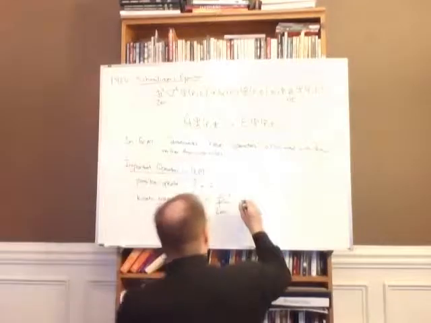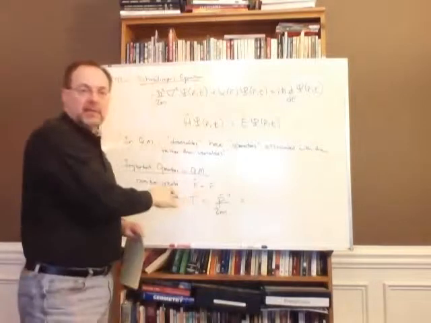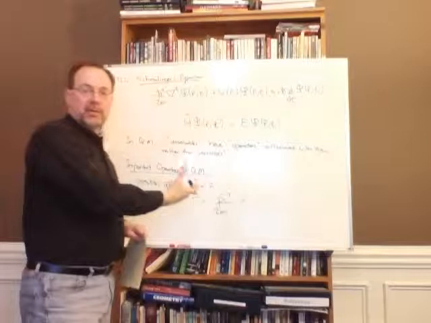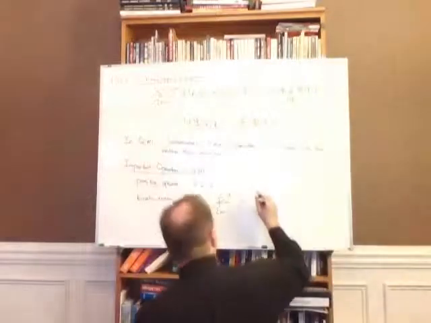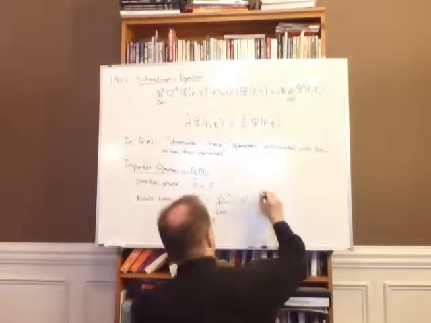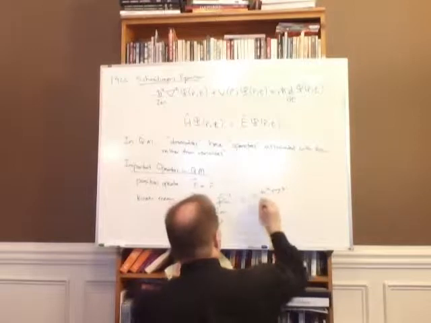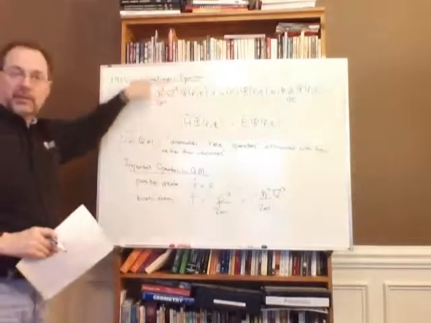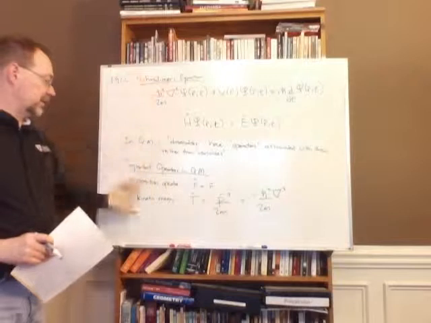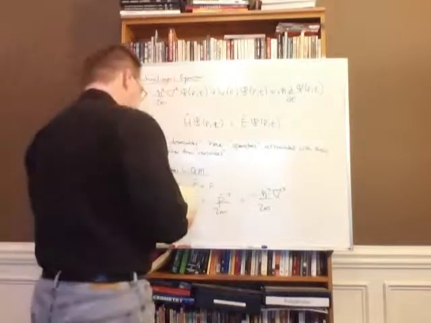So in greater detail, we know p is negative i h bar del, so we dot that with itself, and the negatives cancel, but then we have an i squared, so we still have a negative. We have h bar squared, and we have del squared, or Laplacian, over 2m. Well, there's our kinetic energy operator that we see in Schrodinger's equation.